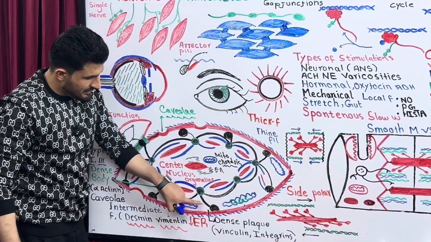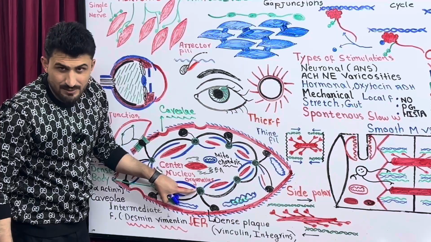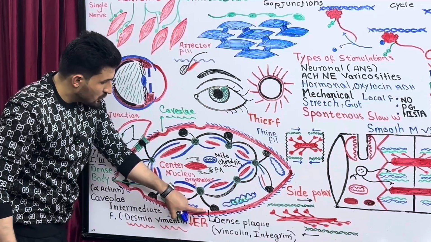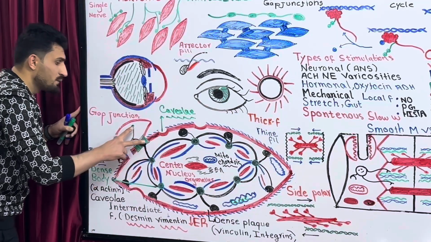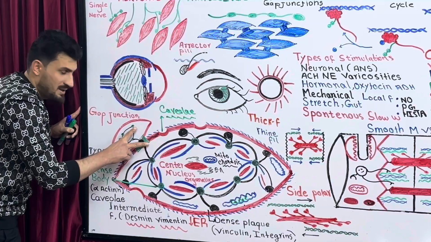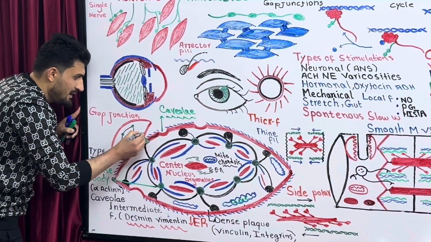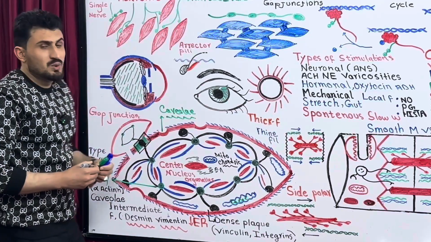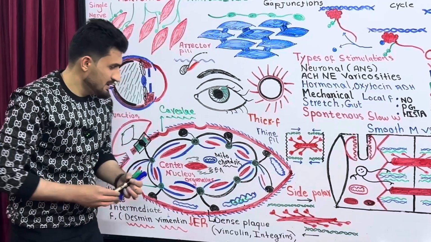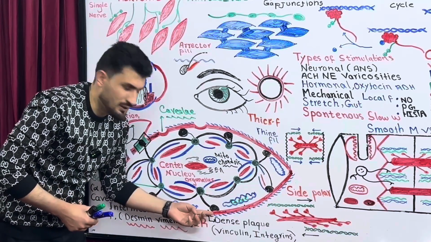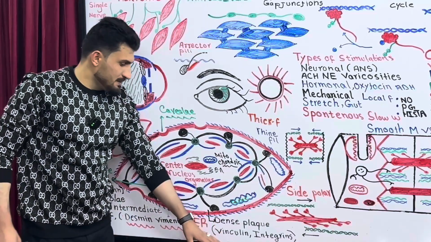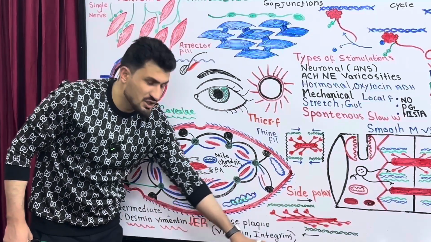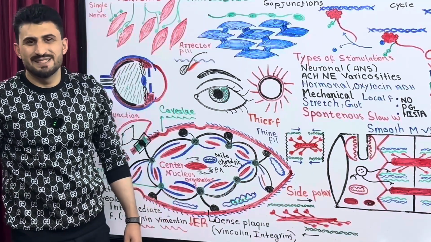One, it's interconnected to the dense body, and two, dense plaques of two smooth muscle cells come together and make a strong junction between the two cells. So that is the second function of the dense plaque. And the dense plaque is made of vinculin and integrin proteins.